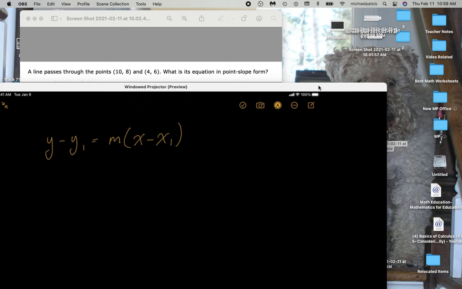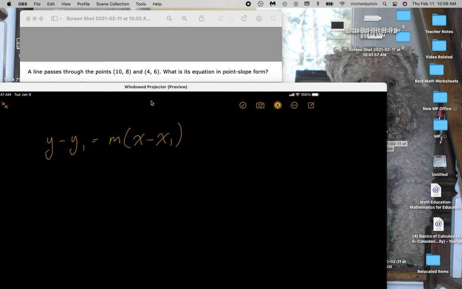What's different about this? Here, they give you 2 points on the line, but they don't give you the slope. Okay, so they give you 2 x1, y1s, but there's no slope. No problem. You just find the slope using these 2 points.